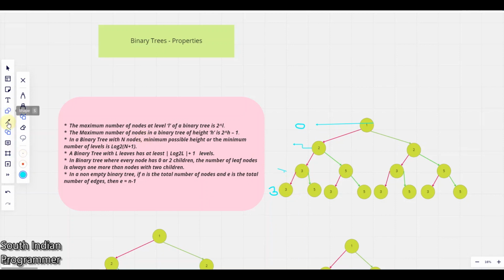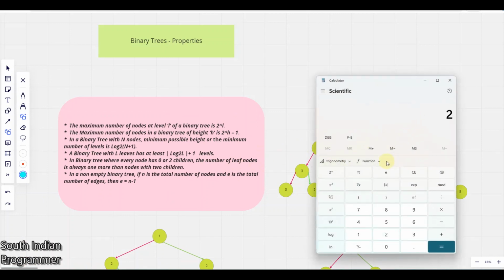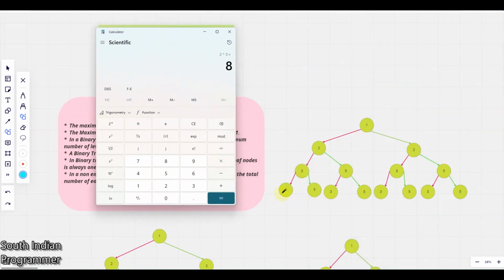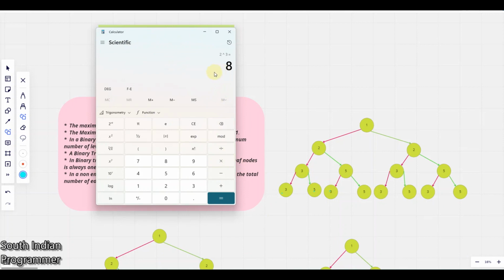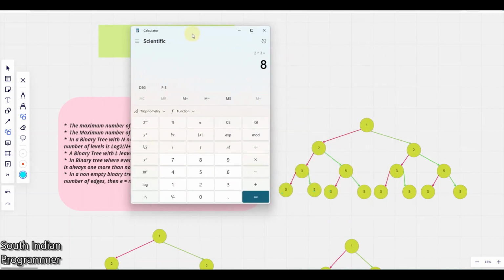To calculate this, you just write the formula in a calculator: 2 power 3 is 8 nodes, so 8 nodes must be there. 1 2 3 4 5 6 7 and 8. This is how we can calculate the number of nodes at a level L. So it starts from 0 and goes 1, 2, 3 and on.